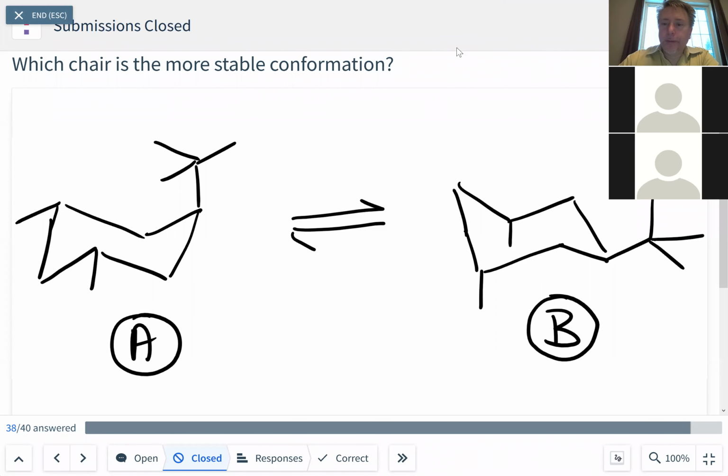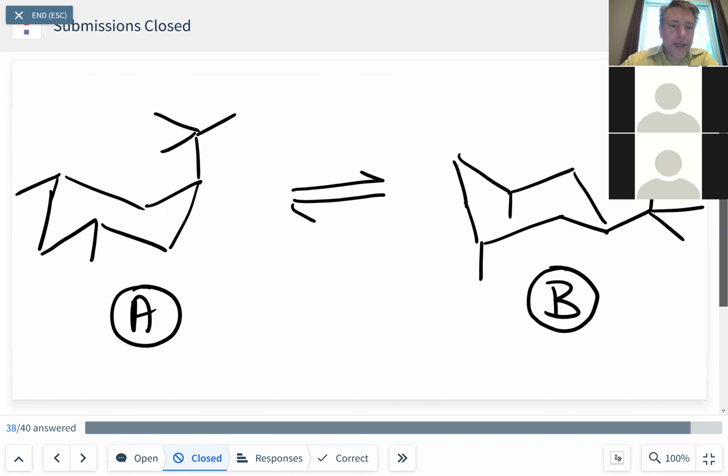Okay, so with all the rules I just mentioned, there's always exceptions to these rules, and the big exception when it comes to chair conformations and substituents is this tert-butyl group.